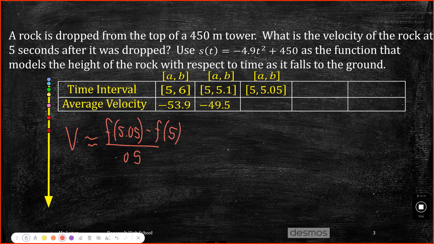Okay, so for 5.05, it's going to be 325 point... I don't know. See the rounding.